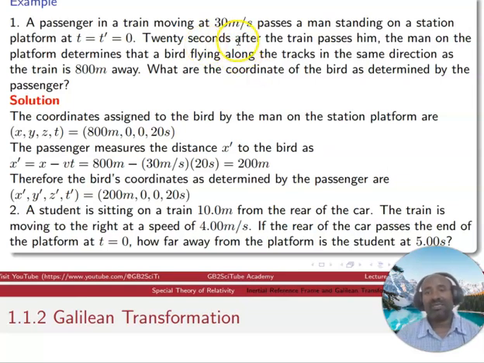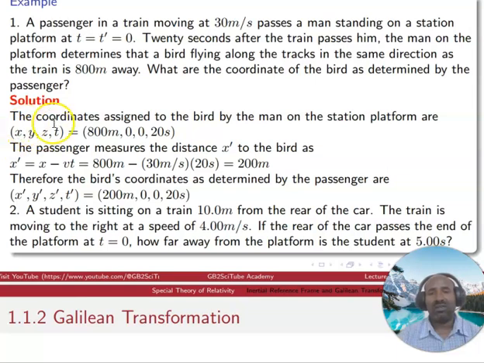Then 20 seconds later, the man on the platform determines that a bird flying along the track in the same direction as the train, that is, in the x direction, is 800 meters away. What are the coordinates of the bird as determined by the passenger in the moving reference frame? How is the bird's position and time expressed in the four-coordinate system?